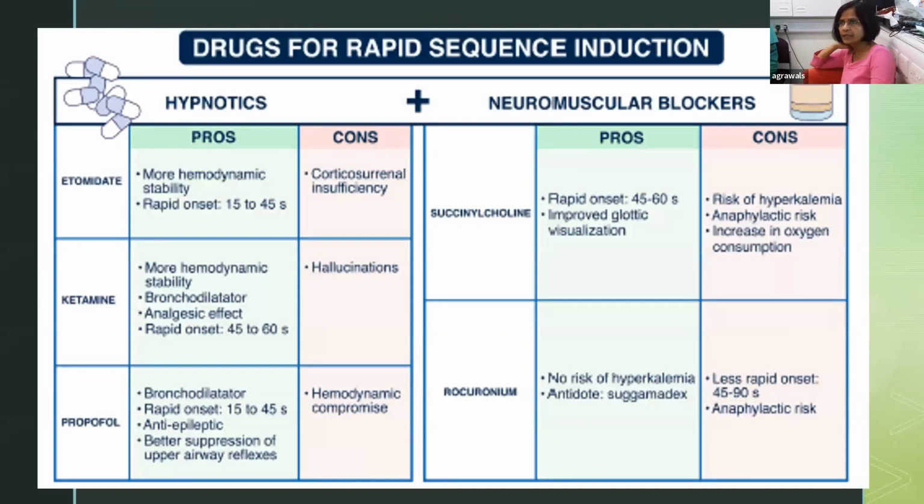Just very briefly, the combination of a hypnotic with the neuromuscular blockade, the pros and cons of the different drugs. When we're talking about neuromuscular blockers, we're looking at either the depolarizing or the non-depolarizing agents. We did use succinylcholine quite a lot because it has a rapid onset and it wears off quite quickly.